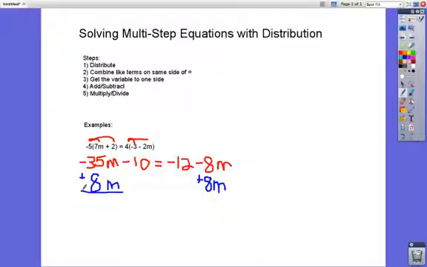So when we do this, negative 35m plus 8m is a negative 27m. And then we still have minus 10 equals negative 12.